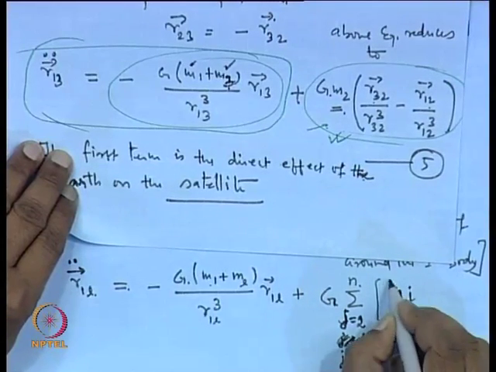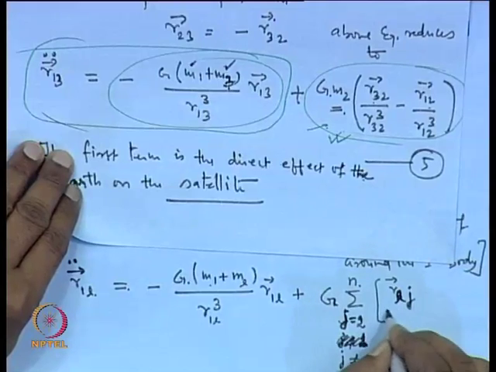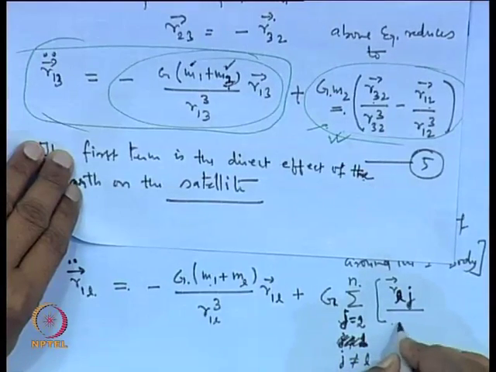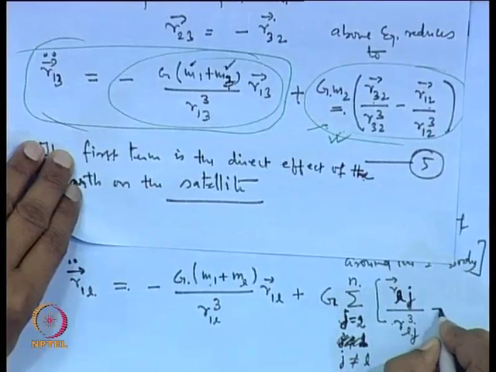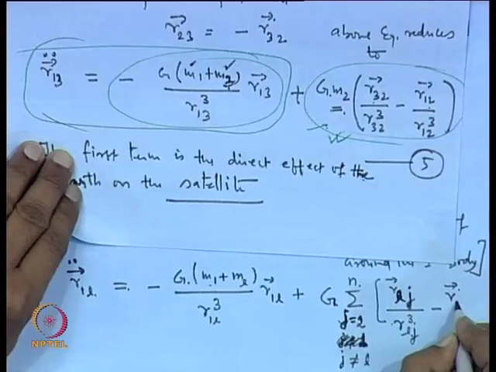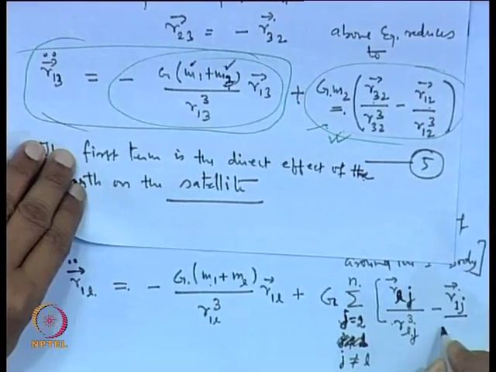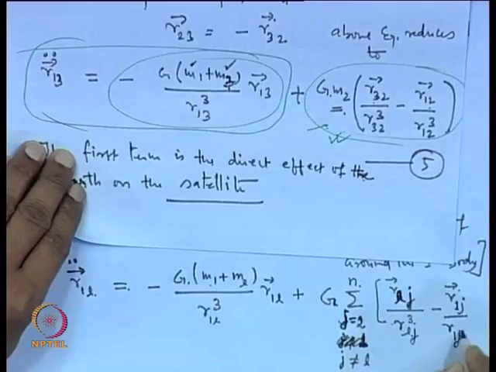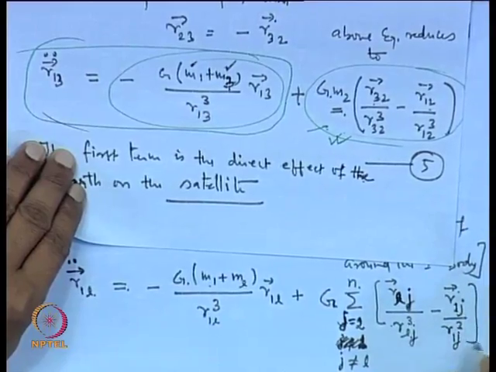So, here we put R L j divided by R L j whole cube, minus R 1 j divided by R 1 j whole cube.